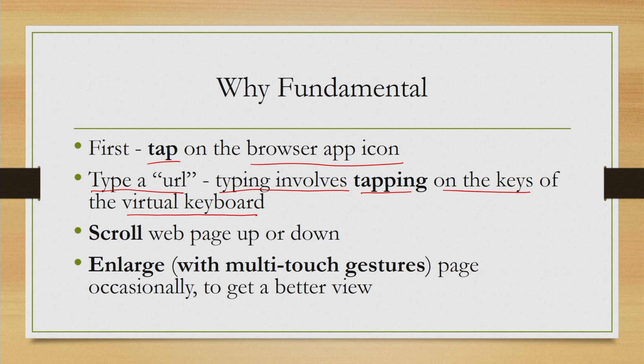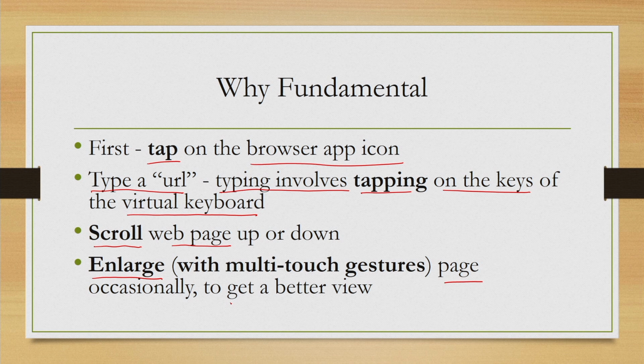Then it may be followed by a scrolling operation. You may like to scroll up and down to see different portions of the web page, and finally you may like to enlarge. This is also another optional operation. You may like to enlarge the page to get a better view, and here you require multi-touch gesture.